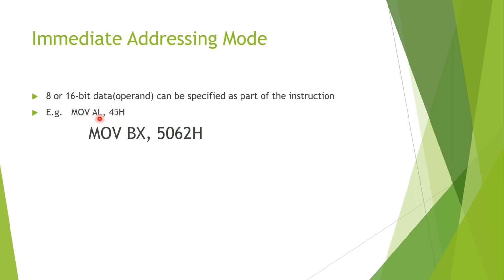So in this we have to move the immediate data 45 into the accumulator lower register. Again in this 8086 we use the same MOV instruction for the register addressing mode and the immediate addressing mode. As we see in 8085 we use MOV for the register and we use MVI for the immediate addressing, but here MOV is used in both cases.